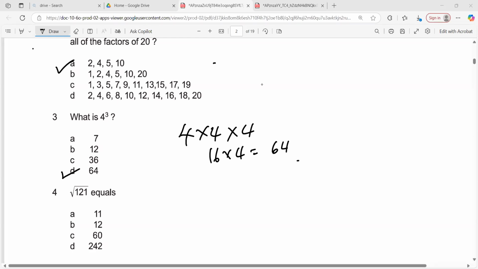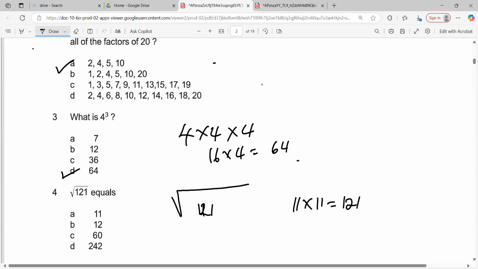And the word squared means the number multiplied by itself. So 11 times 11, you're going to get 121. So the square root of 121 is 11.